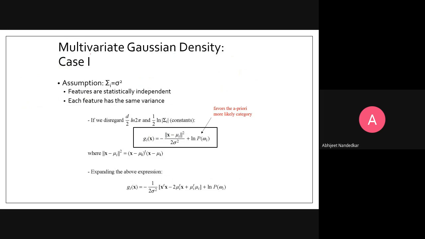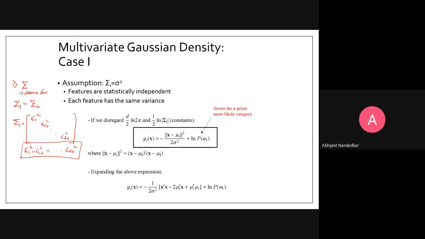So case number one is that this covariance matrix is same for all classes, that is sigma1 is equal to sigma2, and that too sigma1, which looks like this: sigma11 square, sigma22 square, and so on up to sigmadd square, and that too sigma11 square is equal to sigma22 square, and so on up to sigmadd square. So this is our assumption.